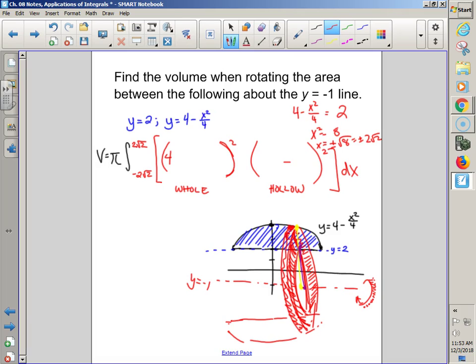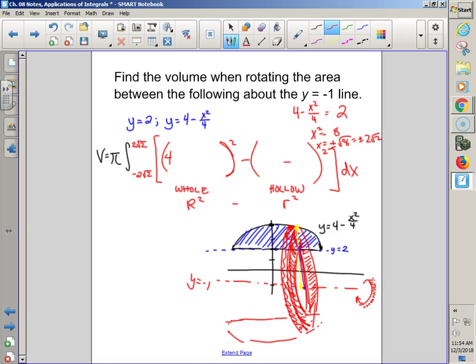Oh, that's what I was thinking, though, because you square and then you subtract, as opposed to subtract and then square. So it's not big R minus little r. So you don't subtract and then square. You square and then subtract.